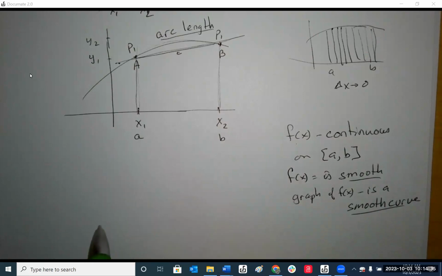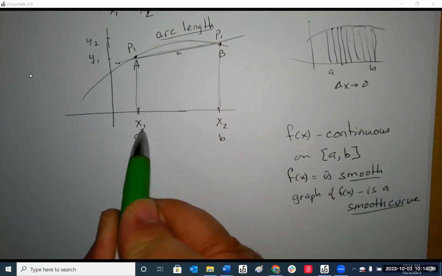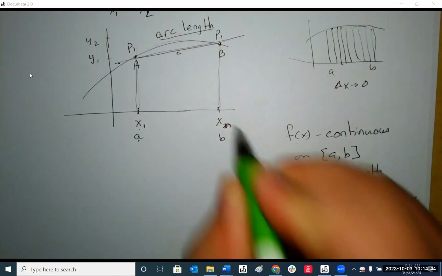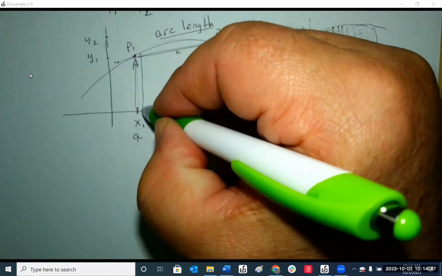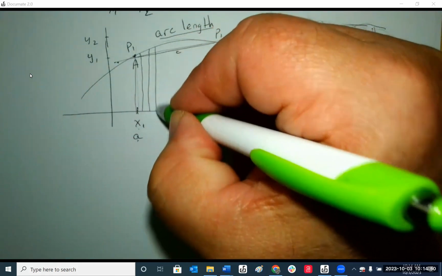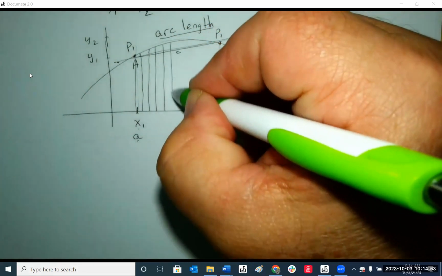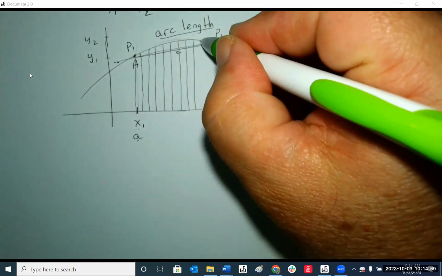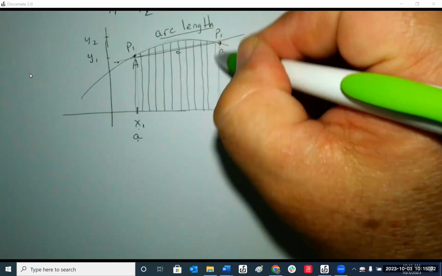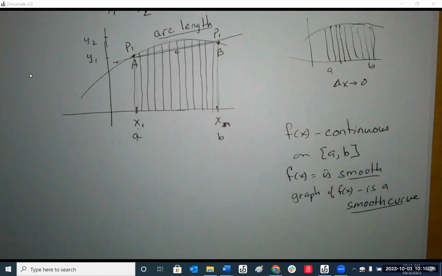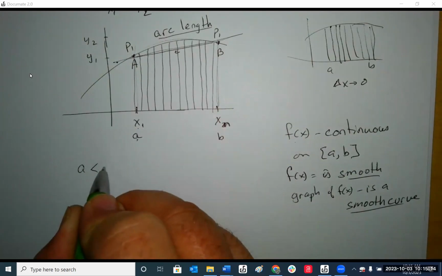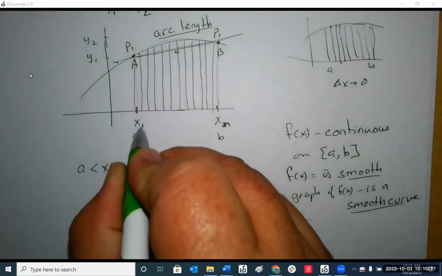So between A and B, we'll call this one x sub 1, we'll call this one x sub n, because what we have to do now is carve this up, partition this into a whole bunch of slivers. Let's call this x sub 0.